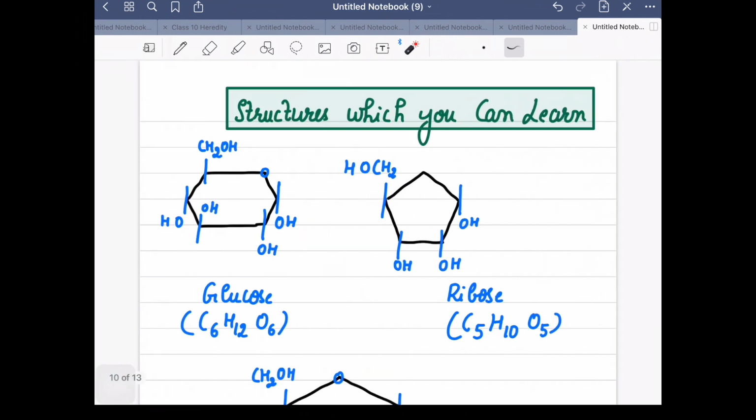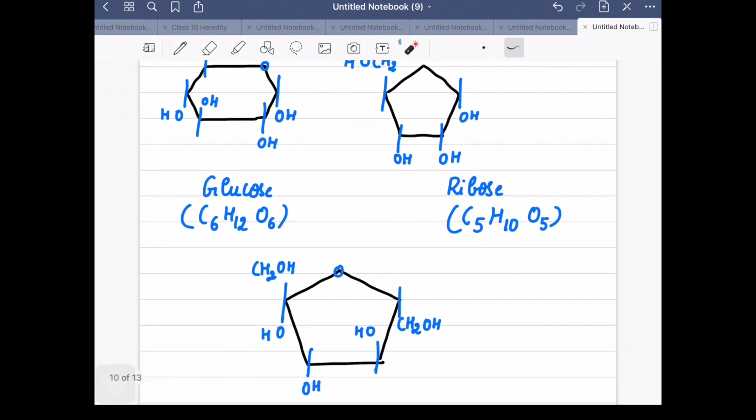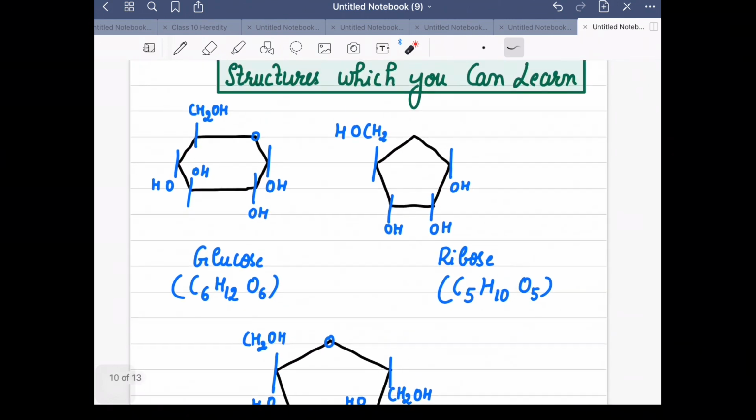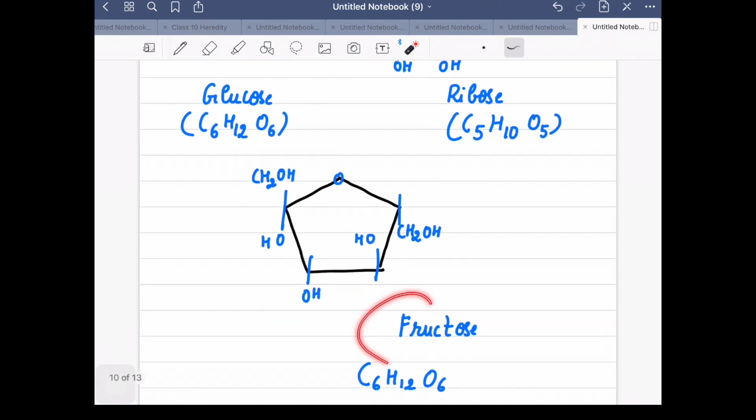The structures which you have learned today are glucose and ribose. Now many students, when they draw ribose, put CH2OH here. Students, if you add CH2OH here, that is our fructose.